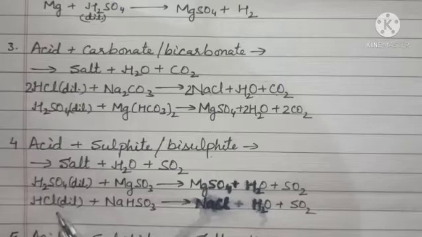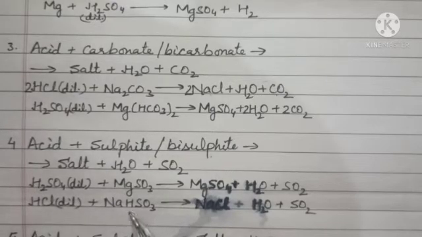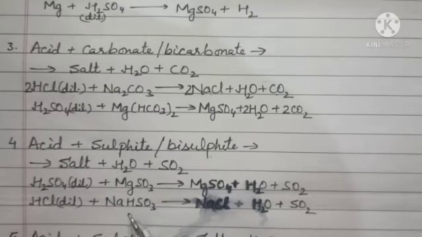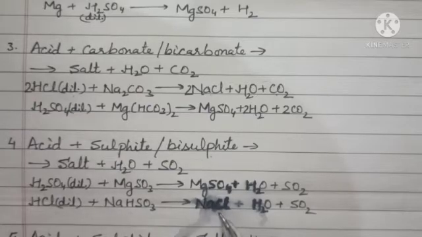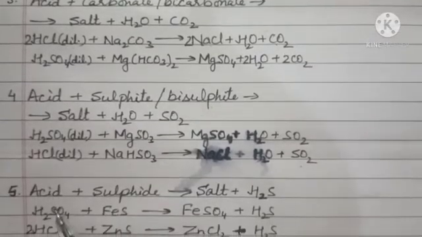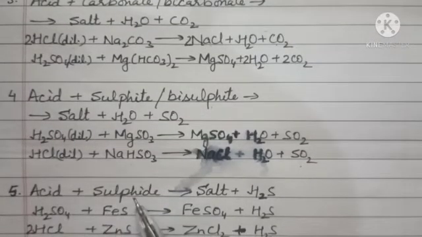Same way when dilute hydrochloric acid reacts with sodium bisulfite, then it gives what? Sodium chloride, water and sulfur dioxide gas. Understood?